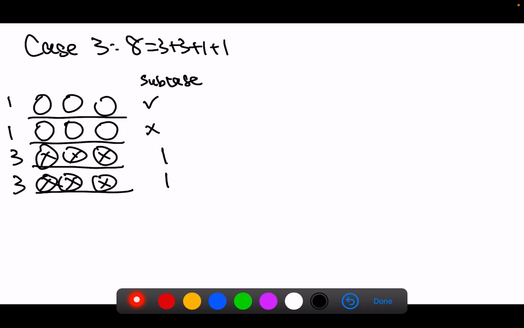There is also a case where first one doesn't work, second one has adjacent seats. Or you could have both rows work. And we need to add up those subcases.